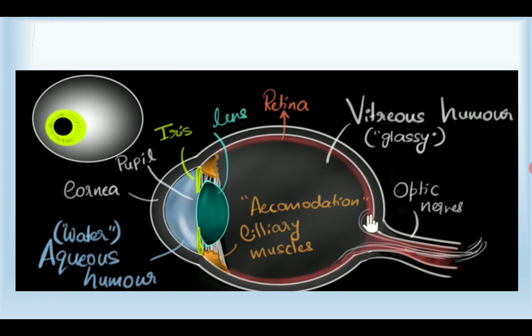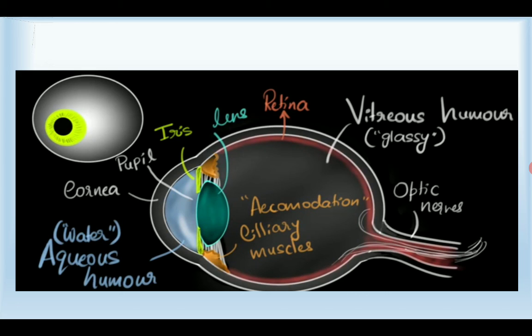Their job is to carry the signal all the way to the brain so that the brain can process the information. The jelly-like substance, the vitreous humor, maintains the shape of our eyeball. The iris regulates the size of the pupil, which in turn regulates the amount of light that enters our eyes. And finally, the ciliary muscles regulate the optical power of our eyes depending upon the viewing distance.